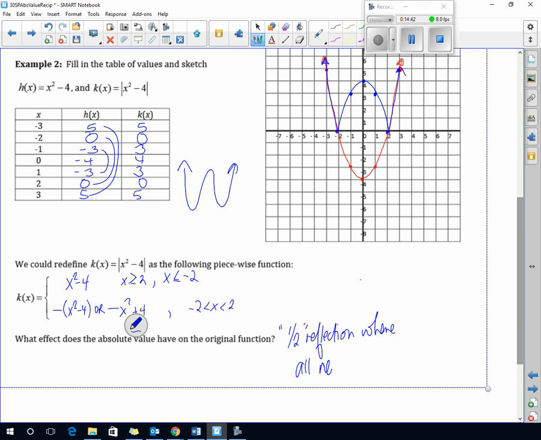It only affects the negative y values, right? The positive y values do not become negative y values. It's only negative y values that become positive. That's why I'm calling it a half reflection in air quotes. Yes? We good? Okay.